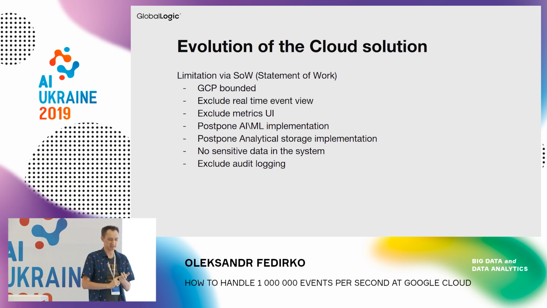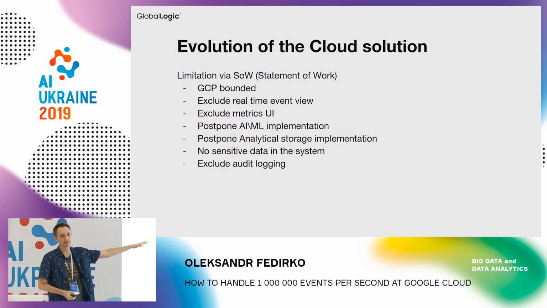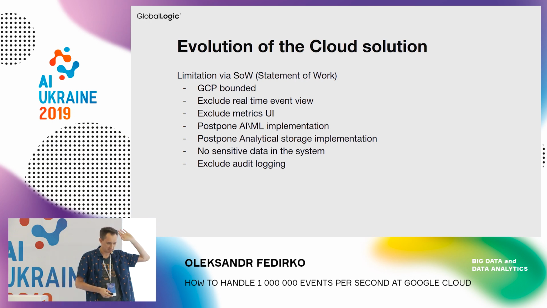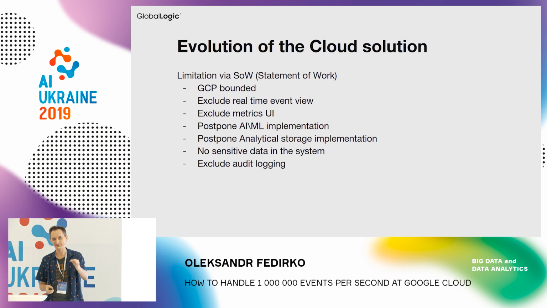And what we decided: okay, cloud agnostic, get rid of this. We are fine with GCP. We do GCP, we are okay with GCP services. Real-time event view, it wasn't a huge business value, get rid of this. Get rid of AI/ML. Sorry guys, but if you want to establish a big data process, first of all, you have to establish the core application.